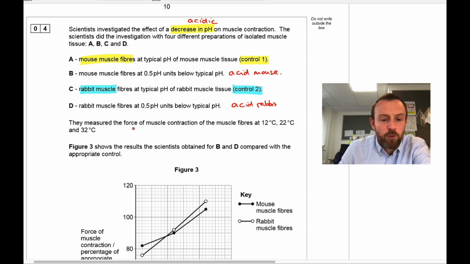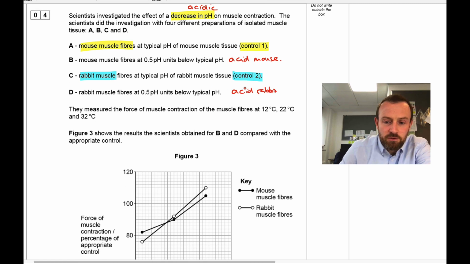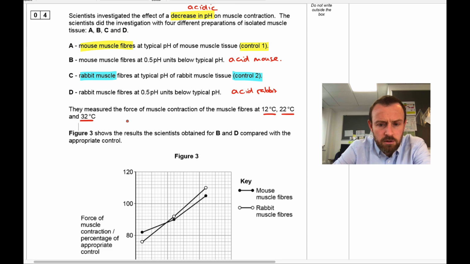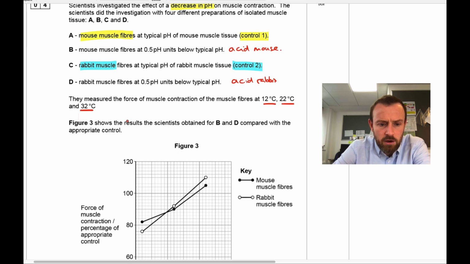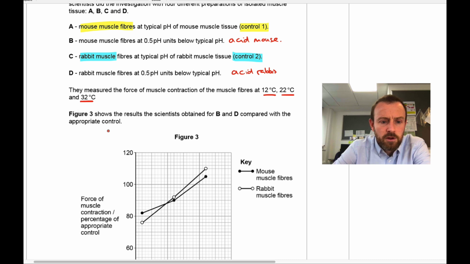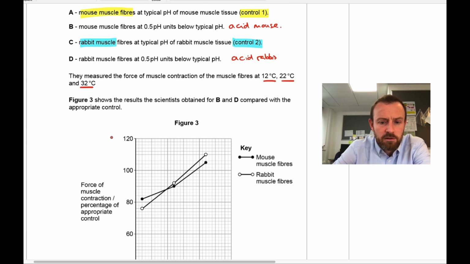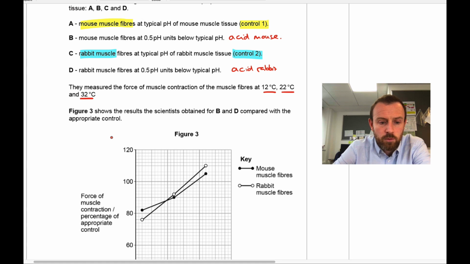They measured the force of muscle contraction of the muscle fibers at 3 temperatures, 12, 22, and 32. Strange temperatures to use, but that's what they did. 12, 22, and 32 degrees C. Here are the results. Figure 3 shows the results the scientists obtained for B and D compared with the appropriate control.